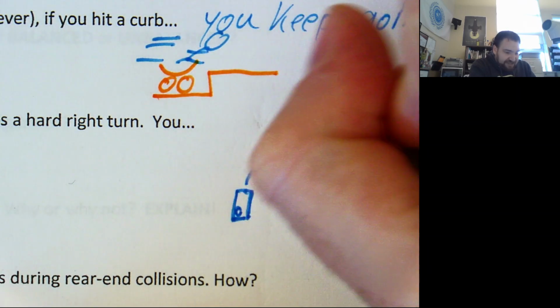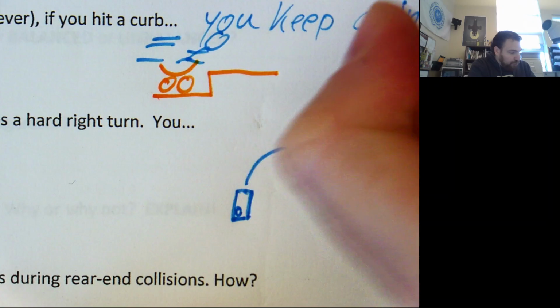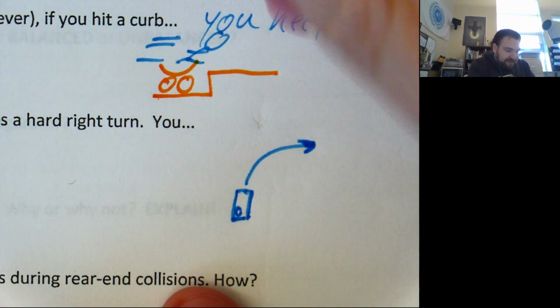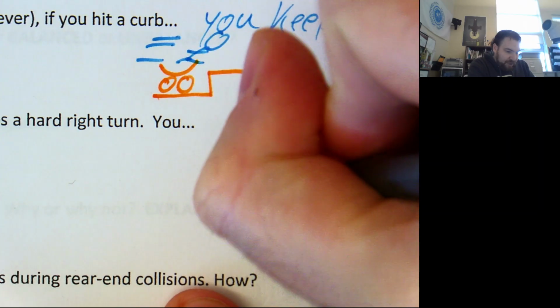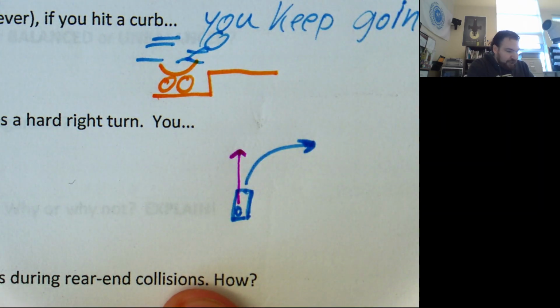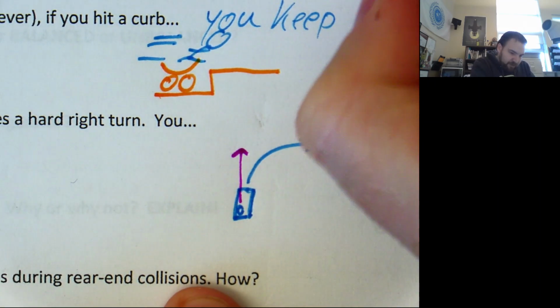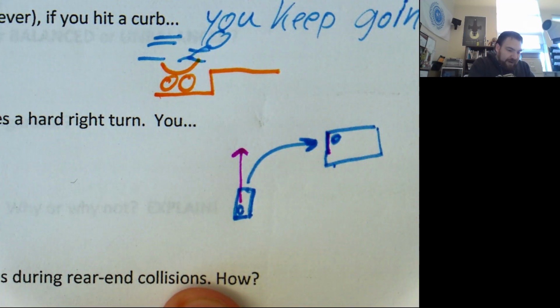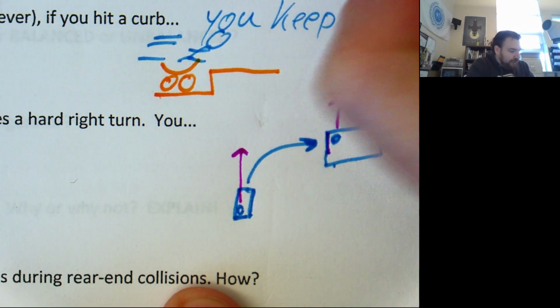The car does this. Whoever's driving turns the wheels, but you're not really attached to the car either. You are a distinct part. Yes, you're sitting on the seat. Yes, you might be wearing a seatbelt, but you're not bolted to the frame. So your body has a desire to keep going this way. So when the car starts to make the turn, I'll go back to my blue. You want to keep going that way, which is why you get squished.